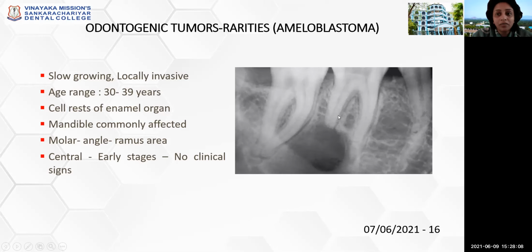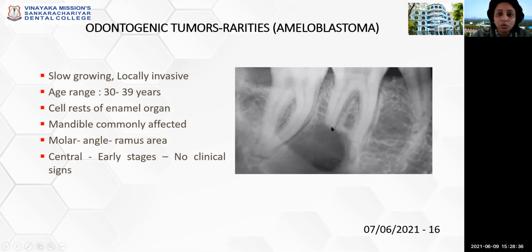Here the teeth, even in the early stage, since it originates from the cell rests of the enamel organ, there will not be many clinical signs, but the vitality test can be done, and the expansion of the tumor should be considered clinically as well. The radiolucency will sometimes have internal trabeculations.